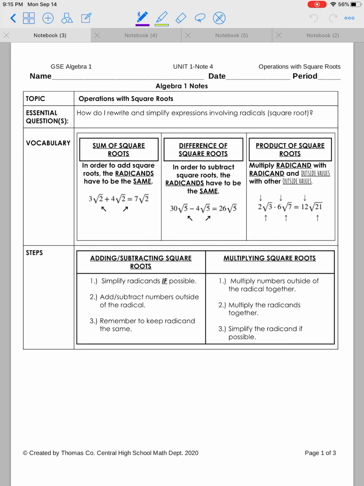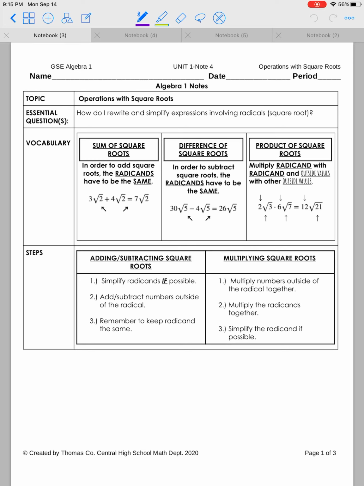Now, I talked briefly about radicands last lesson, but if I look at this problem, the radicand is the number that is under the square root sign or the radical sign. So on this first one, I have 3 square roots of 2 plus 4 square roots of 2.